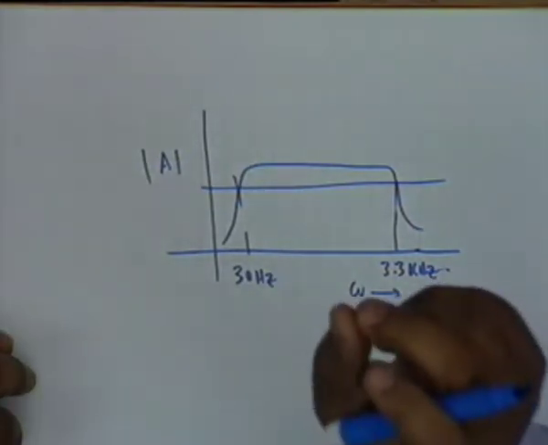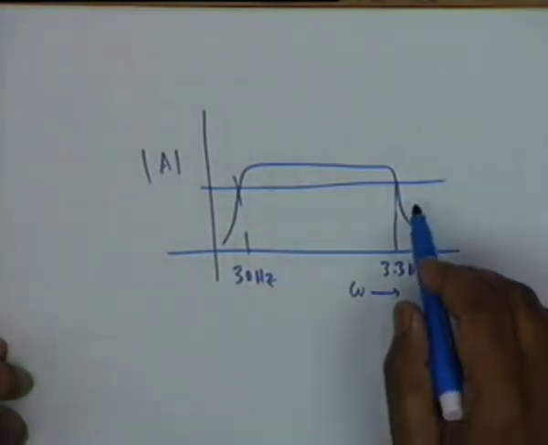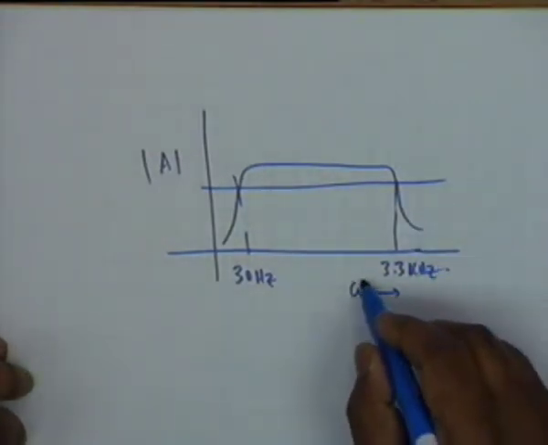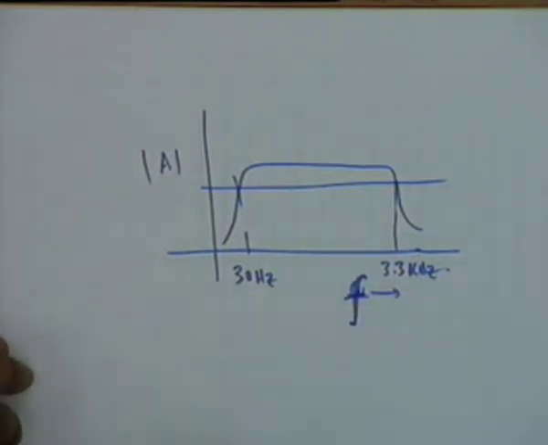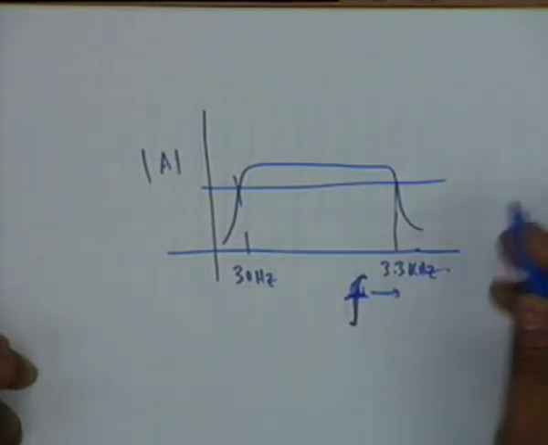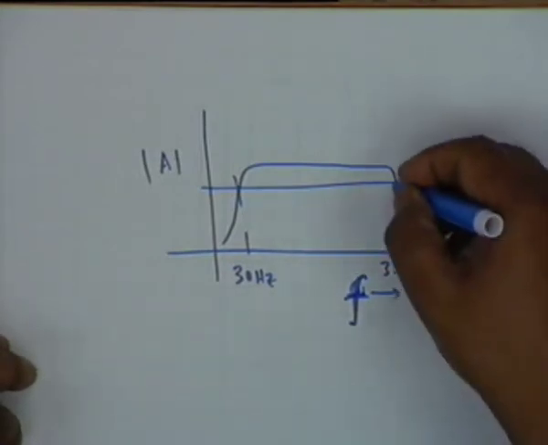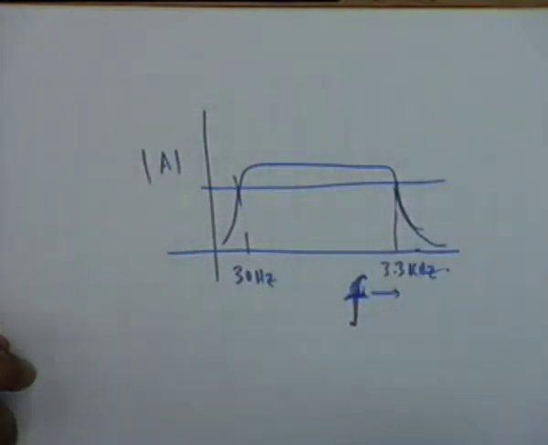Then obviously if it is the full band audio, such an amplifier cannot reproduce the full audio, that is beyond 3.3 up to about 16 kilohertz. This is frequency in hertz. The gain has come down. Obviously this is also going to produce distortion.